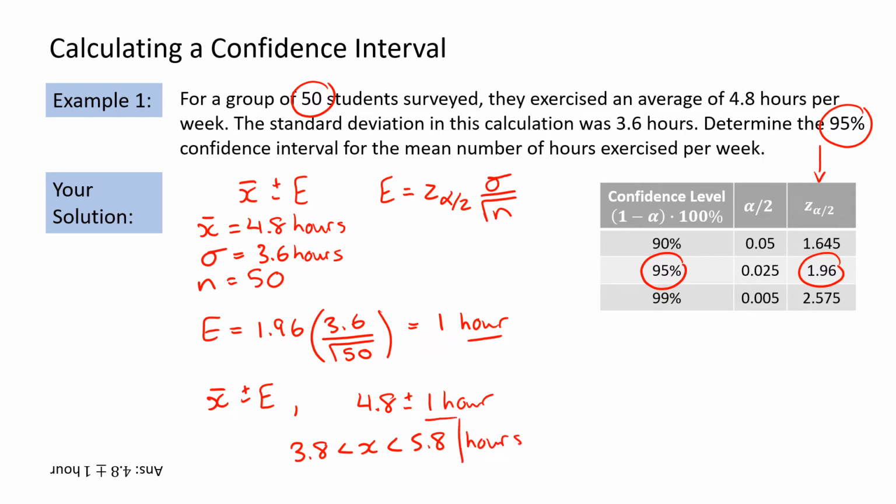This interval gives us a 95% confidence interval, or 95% of students surveyed in this survey of 50 students would, on average, exercise between 3.8 and 5.8 hours a week. That's what the confidence interval is providing us here, okay? And like we're going to see in our next couple examples, this interval changes as we change certain variables in these equations.